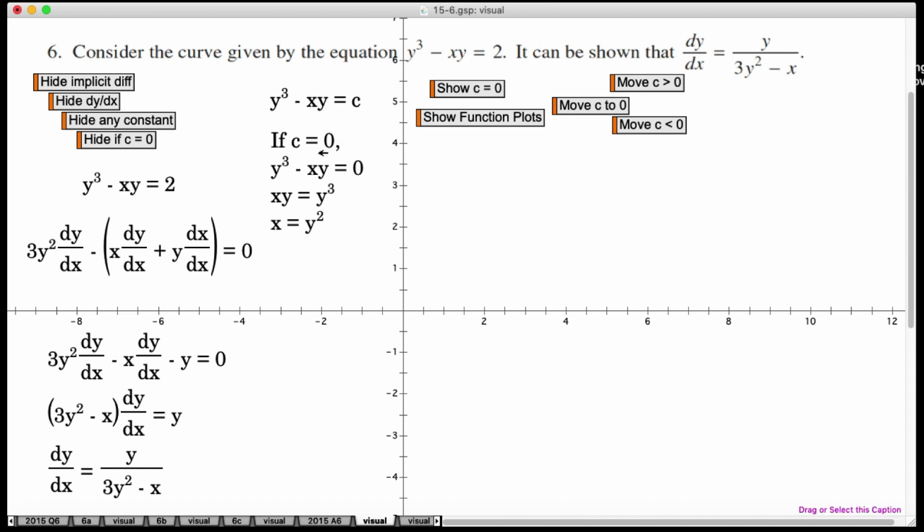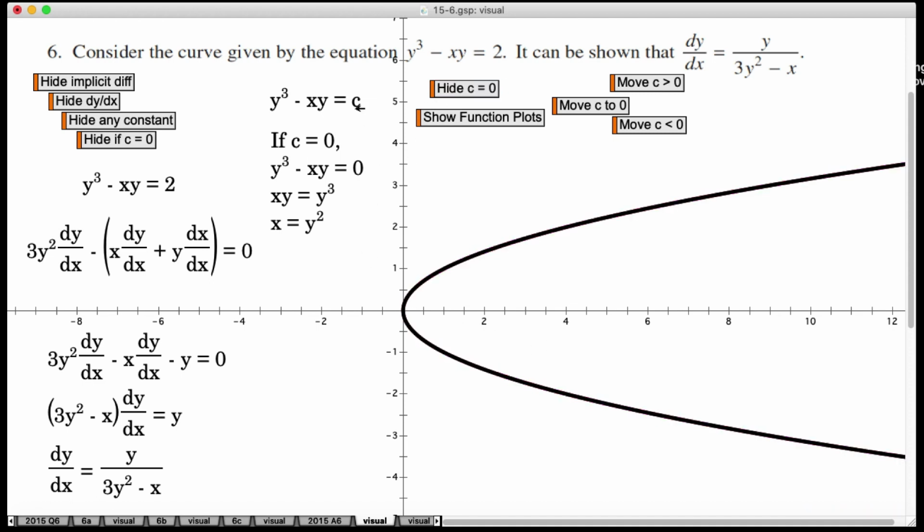I'd get simply y cubed minus xy equals 0. Then I could bring the xy to the other side, switch sides, and divide by y. I get x equals y squared, which is a parabola facing to the right. So this would be true if the constant was 0. This is one of that family of curves here.